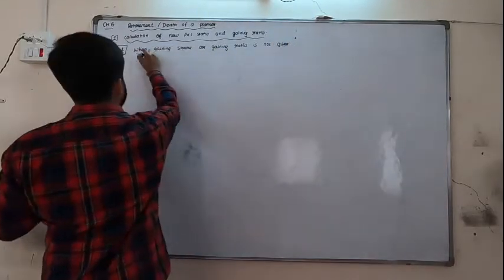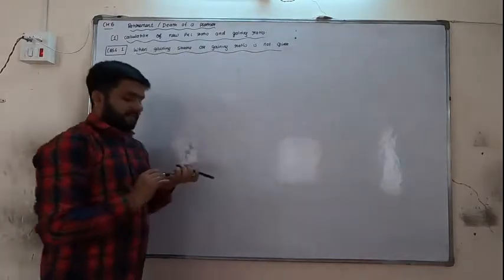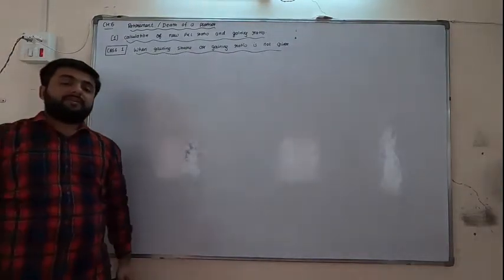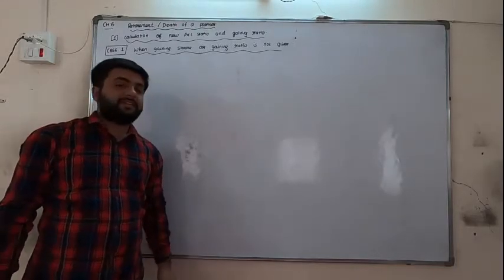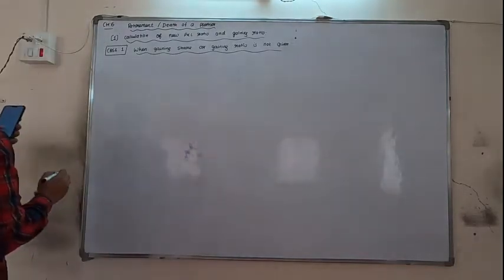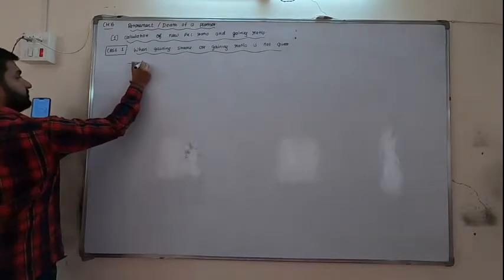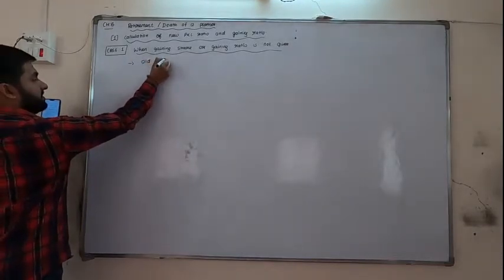See, this is like case 1 of the previous chapter. There, sacrifice share and sacrifice ratio were not given. Here gaining share and gaining ratio is not given. So what to do? What will be given in the question?